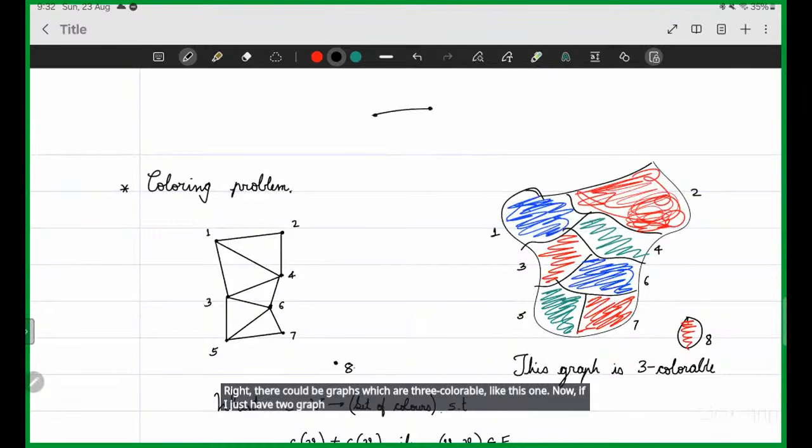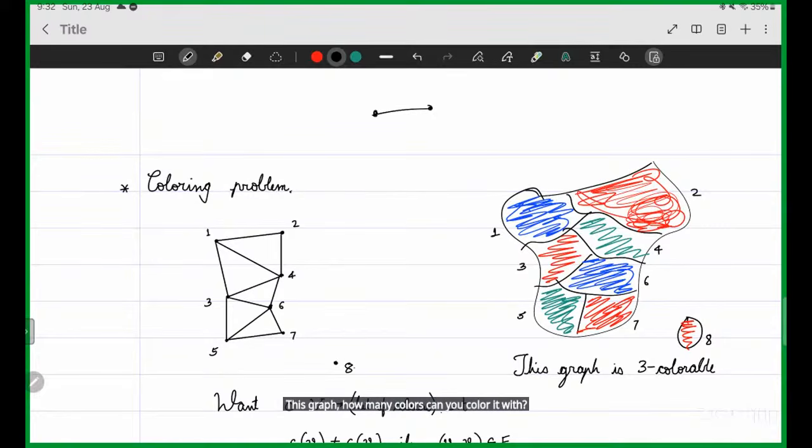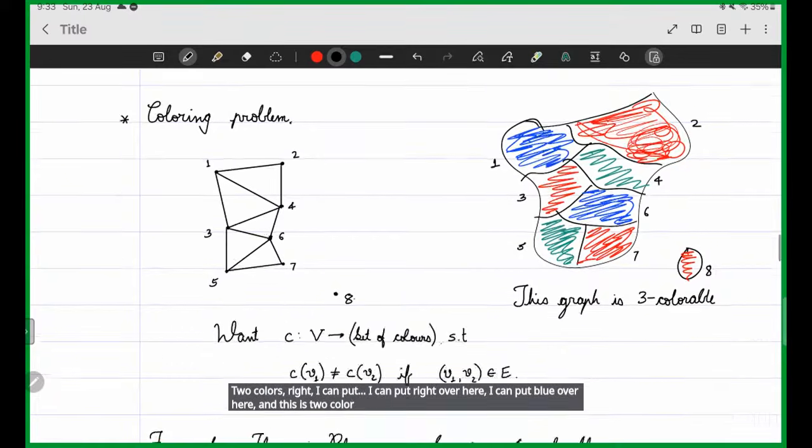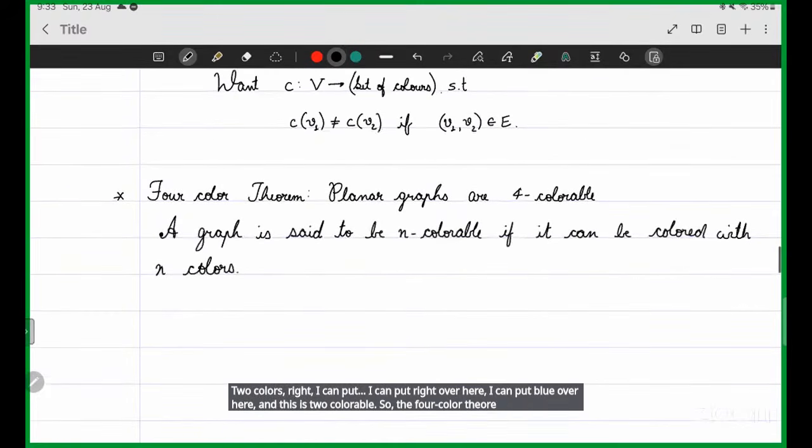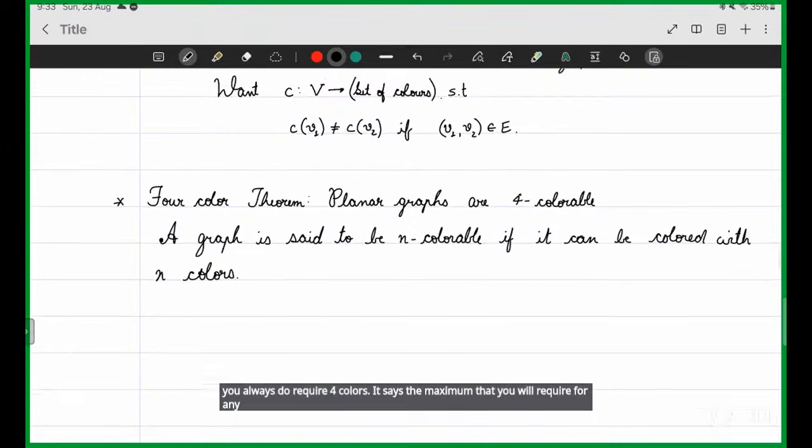Graphically, it's just this. How many colors can you color it with? 2 colors, right? I can put red over here, blue over here, and this is 2-colorable. So the 4-color theorem doesn't say that you always require 4 colors. It says the maximum that you will require for any graph is 4 colors.